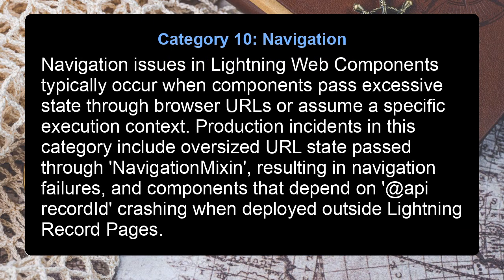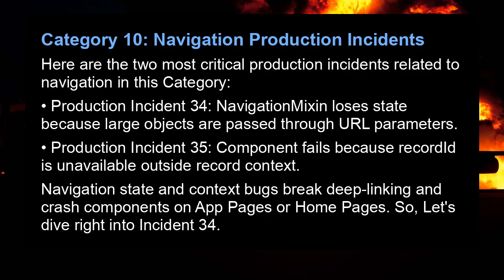Navigation issues in Lightning Web Components typically occur when components pass excessive state through browser URLs or assume a specific execution context. Production incidents in this category include oversized URL state passed through navigation mixin, resulting in navigation failures, and components that depend on an API record ID crashing when deployed outside Lightning record pages. Category 10, Navigation Production Incidents.